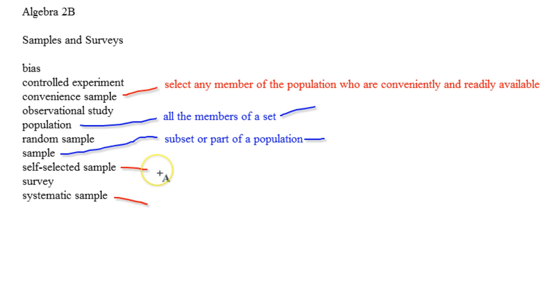It could be a person that has a telephone and you call a whole bunch of people on the telephone. Could be a person that's just walking by the store. That's a convenience sample.